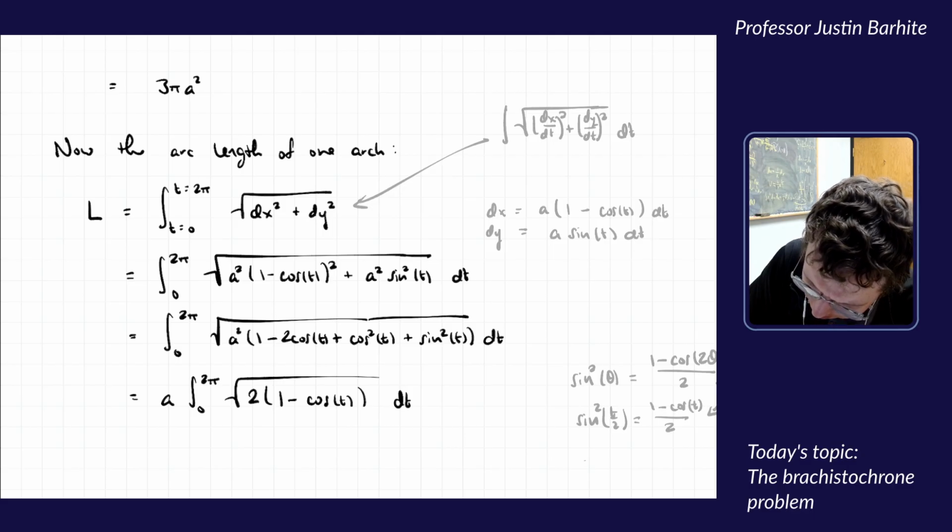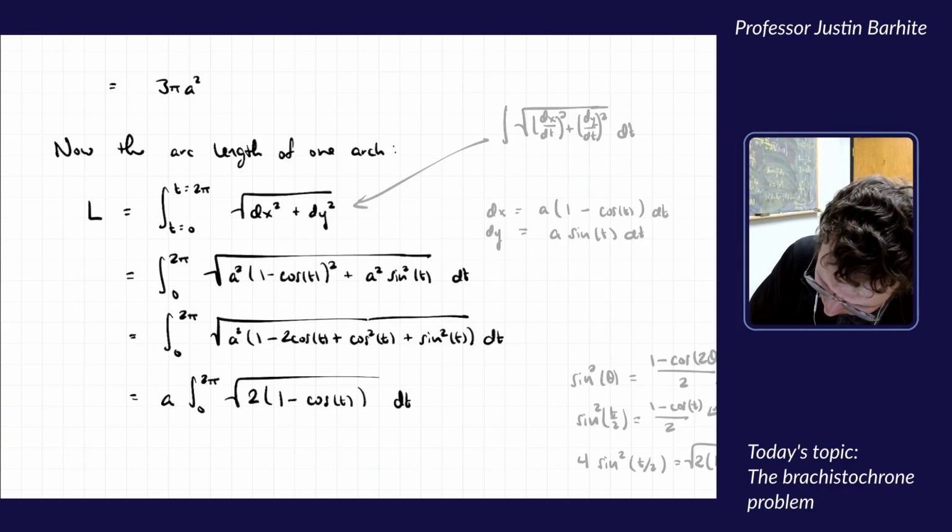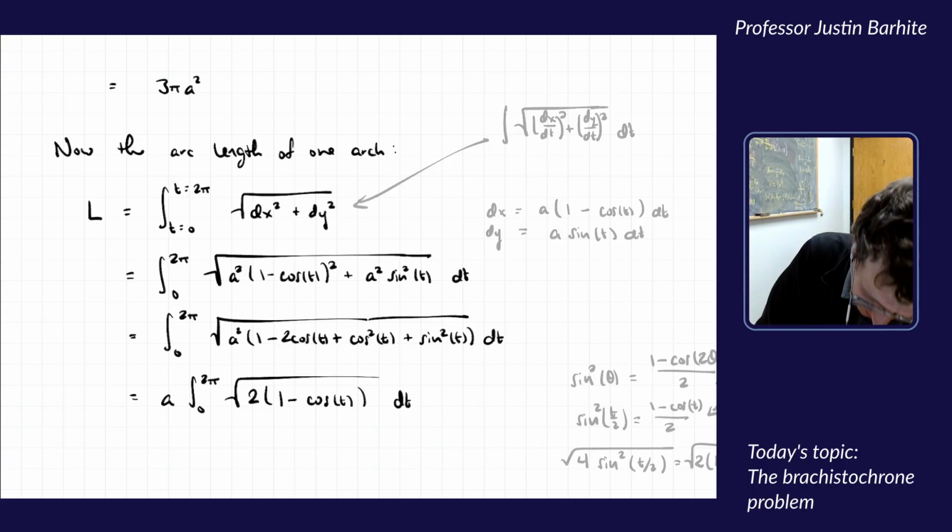Then I'm going to multiply both sides by 4, because then I get 2 times 1 minus cosine of t, which matches what I have here. And then we end up square rooting both sides.